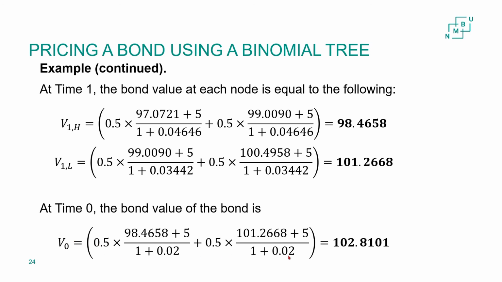And we see that our tree is correctly calibrated because the present value here is 102, and this corresponds to the arbitrage free value we got from the spot rates.